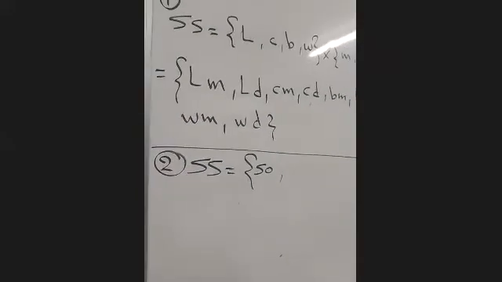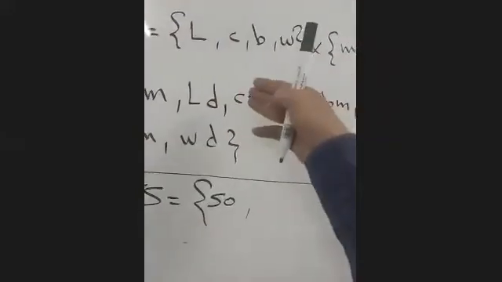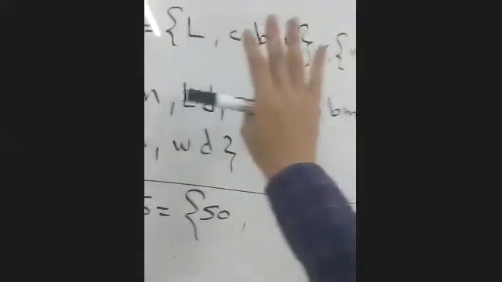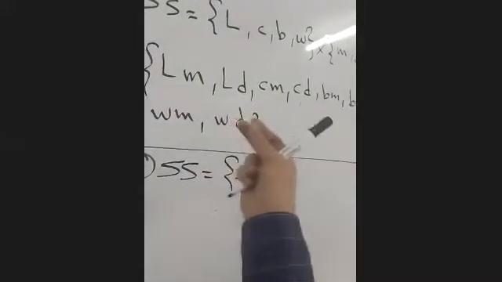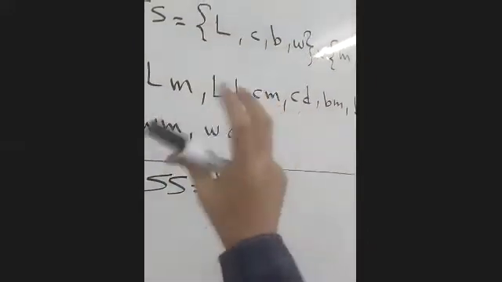Now, the first thing you need to choose is soup, salad, and what? Sandwich. Soup, I will call it SO. Why do I make shortcuts, guys? To make it easy for me. You can say lime, cherry, blueberry, watermelon. You can write them, but I make symbols just to make it easy for me.